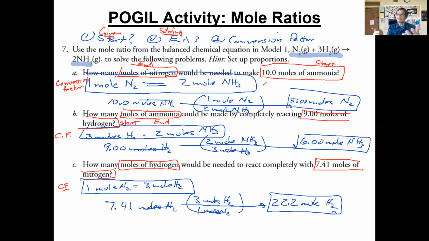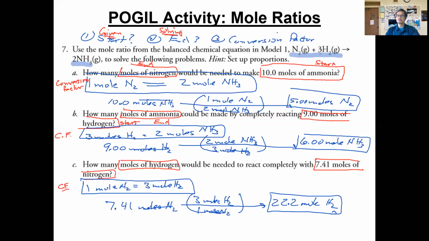5 moles. So you can imagine this in the chemical context. If your supervisor or your advisor, when you get up to college and you're doing research, asks you to produce 10 moles of ammonia for the lab, you have to go back and calculate for this. You have to ask yourself, how much nitrogen do I need to start out with if I'm going to carry out this reaction?